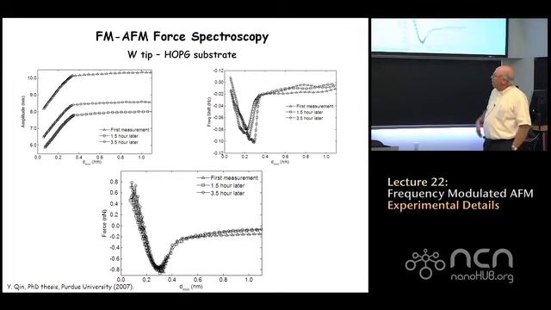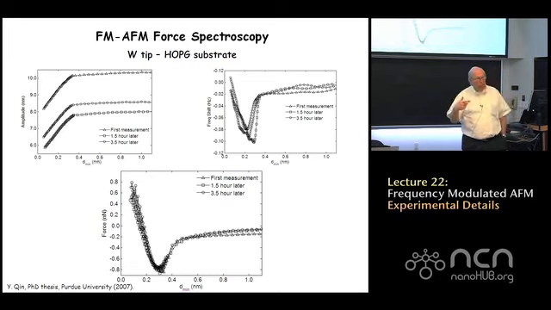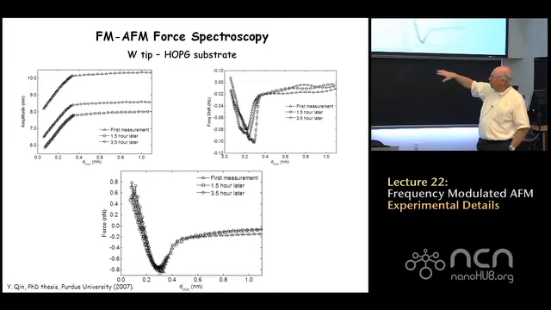The curve on the bottom panel of this slide shows what happens when you take those data curves in the upper panel and use Sader's formula to interpret the data. When you interpret the data, you directly get out the tip-sample force as a function of the minimum separation distance between the tip and the substrate.